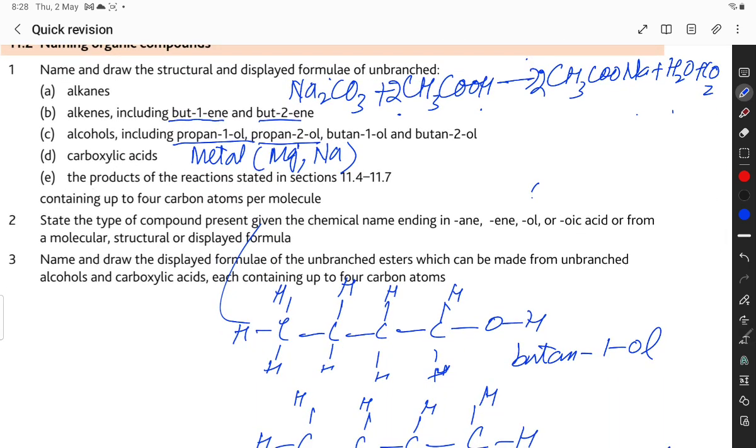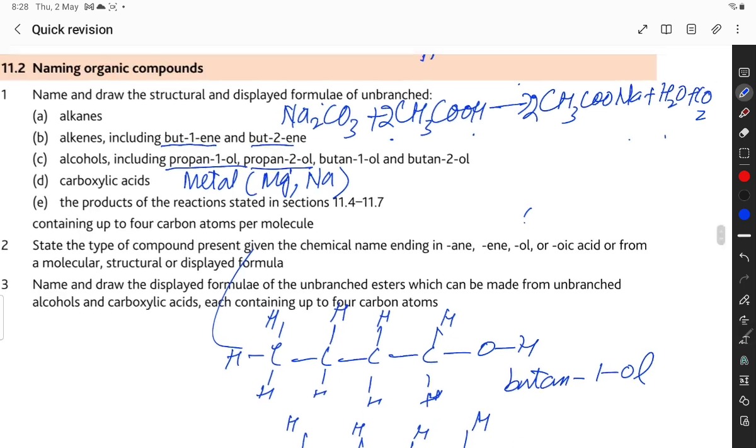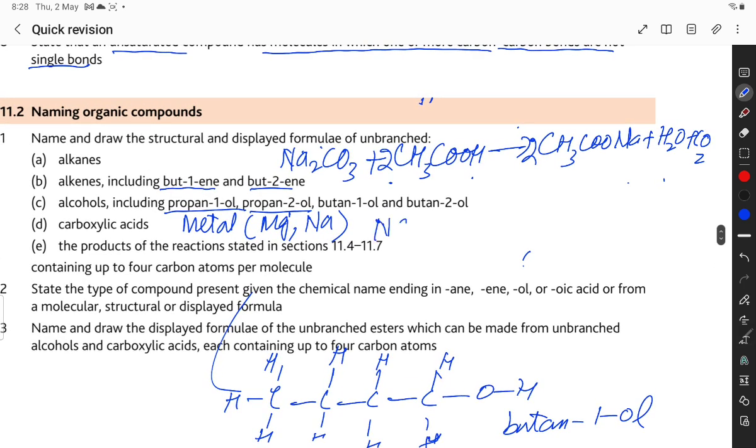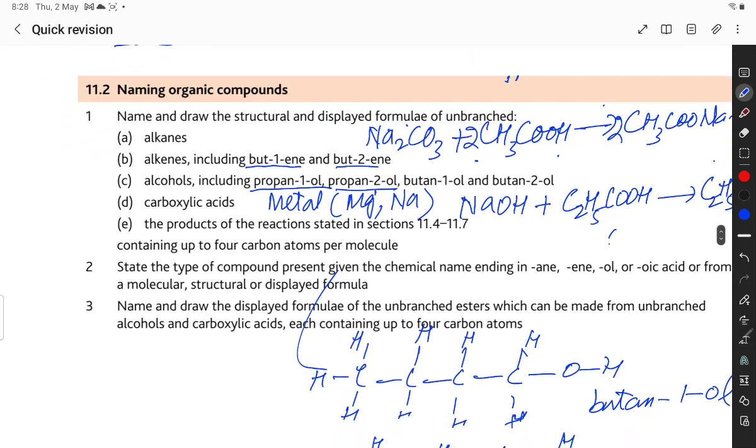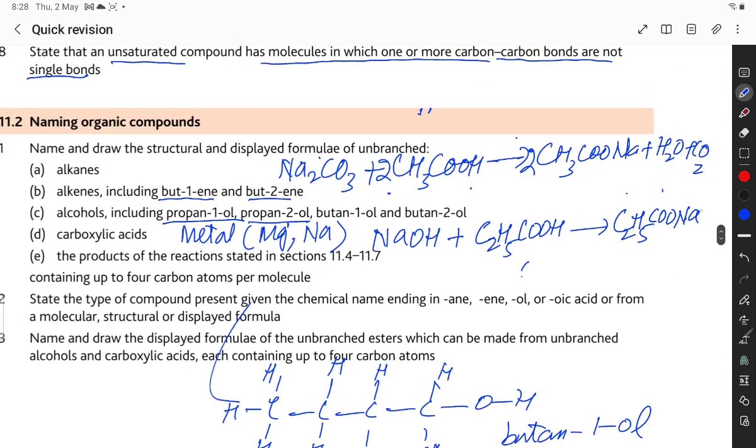So the products of the reaction stated: a metal hydroxide, an alkali, plus acid. C2H5COOH, this is propanoic acid I have written for you. This is sodium propanoate, C2H5COONa, plus water.